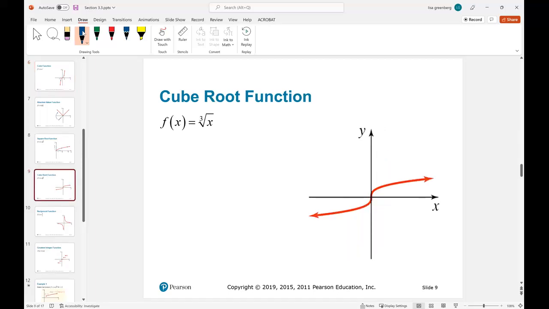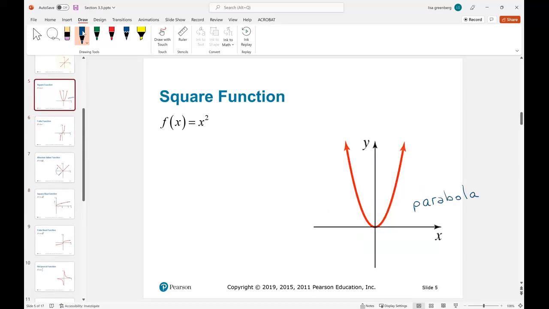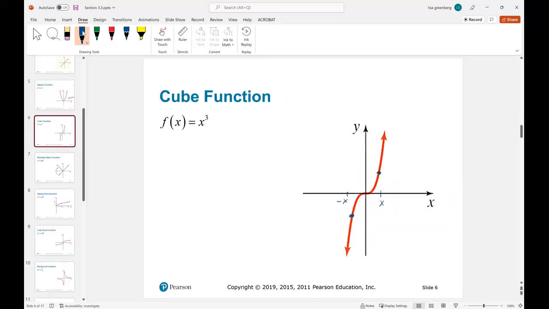Similar but different. That's why this can have negative values, whereas squares cannot. So these almost look the same, but if I were to flip this negative part up, it would look a lot like a parabola, because they're similar.